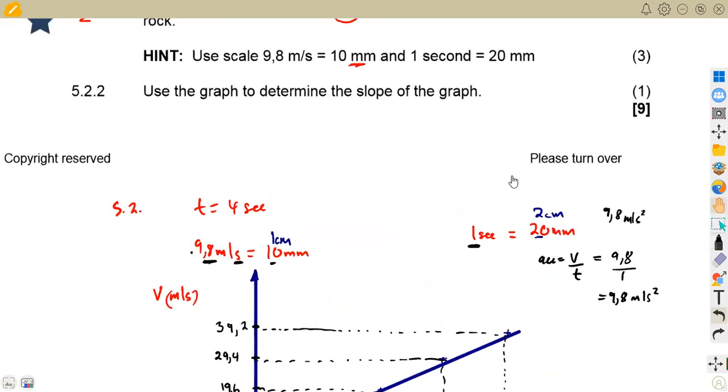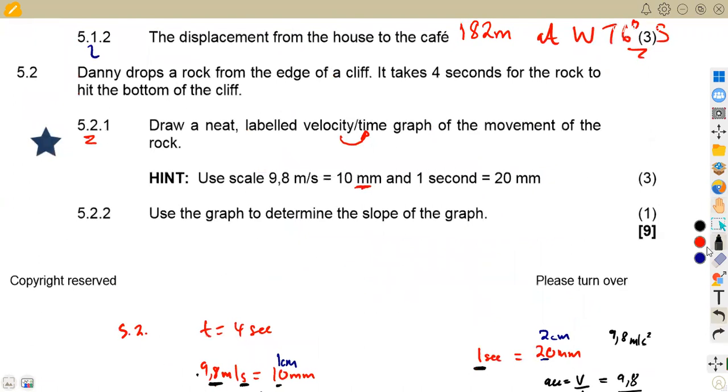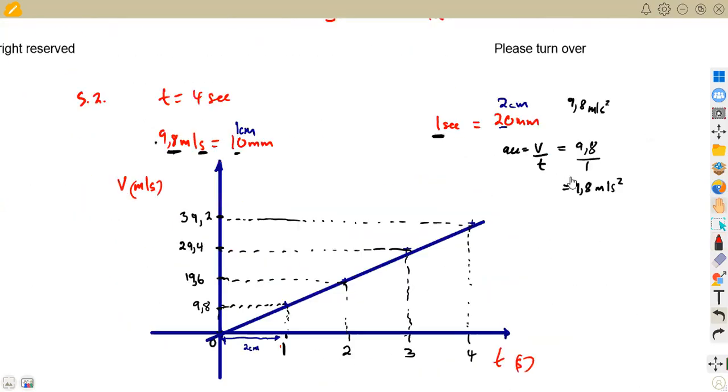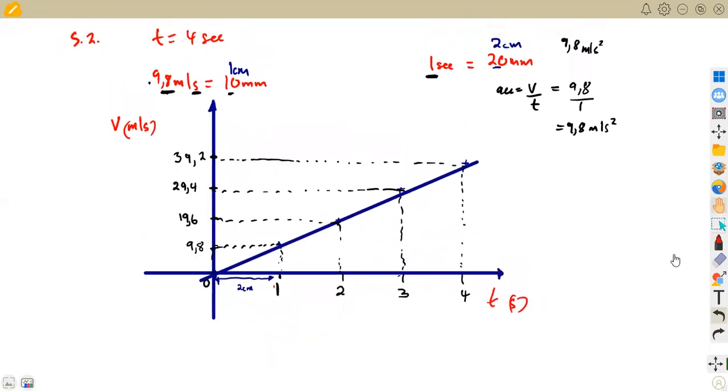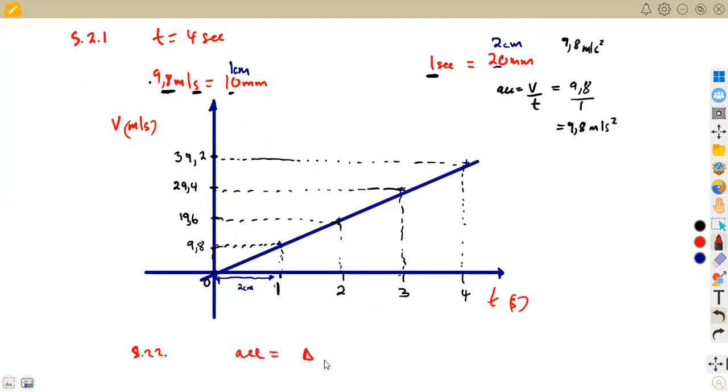For any more information, we are going to discuss as we move on. Okay. 5.22: use the graph to determine the slope of the graph. The slope is the gradient, which represents the acceleration. This acceleration, we can just take any corresponding point. This was 5.21, then 5.22. Remember that acceleration is equal to the change in velocity over the change in time.